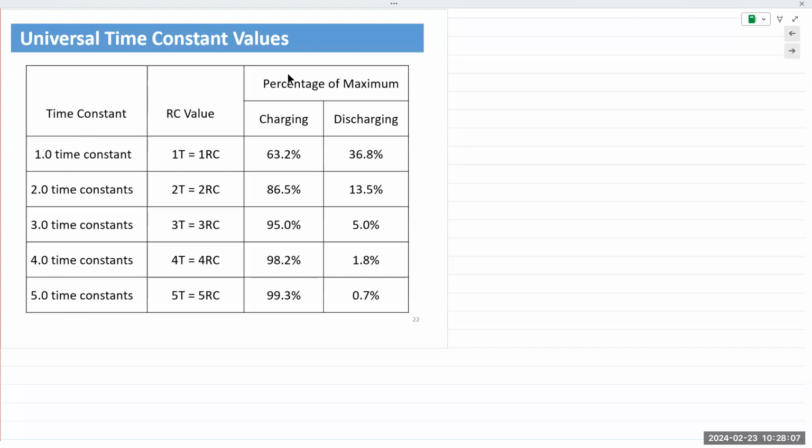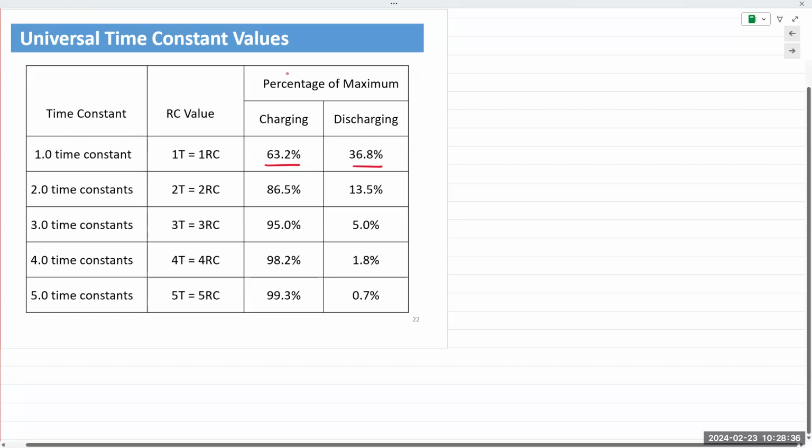The first thing I'd like to point out is this value. It's e raised to minus 1, which is 0.3679. So when it's discharging, it is telling you that it loses 63.21%. Okay, it's V0 times e raised to minus 1. It's a product of V0, so max value.